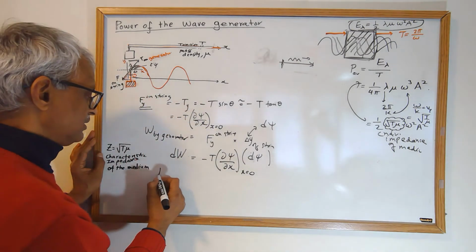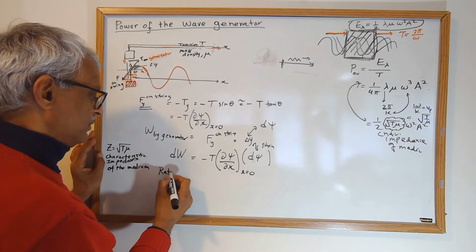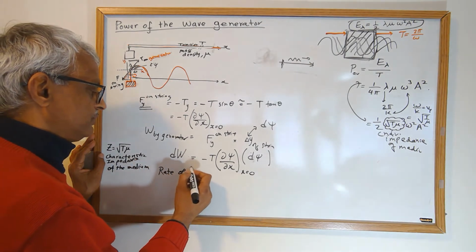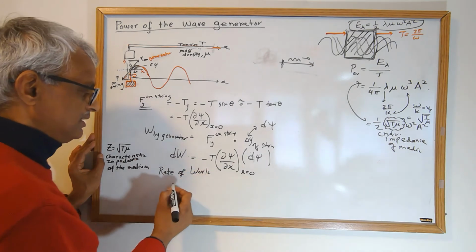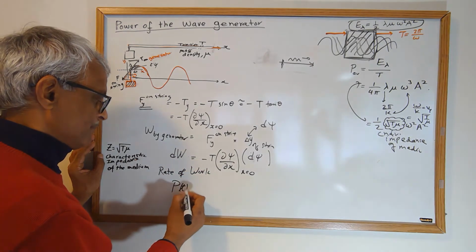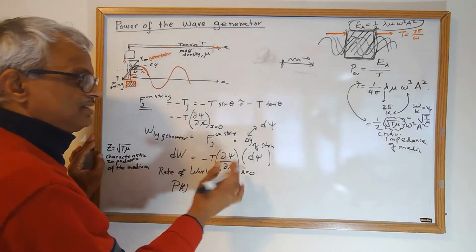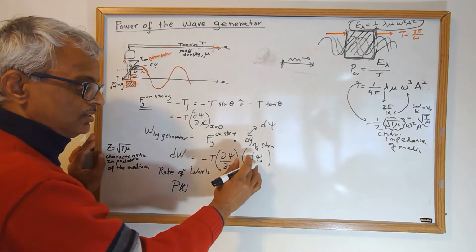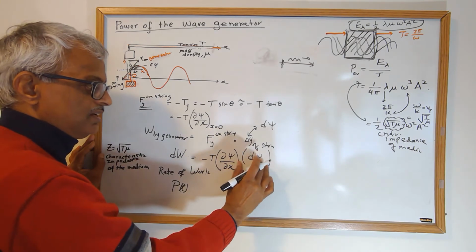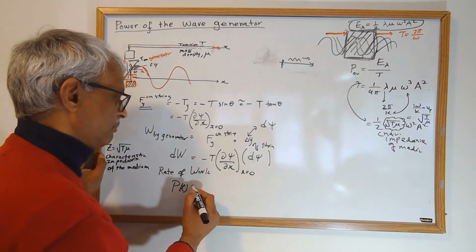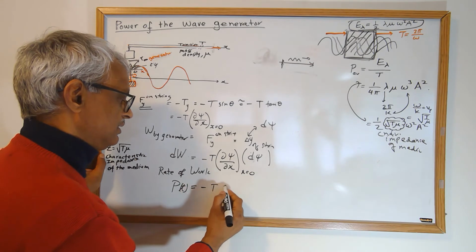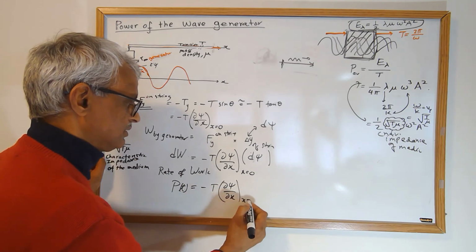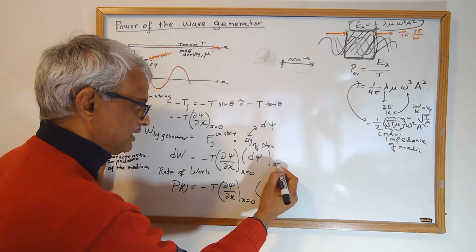Well, the rate at which this work is being done, the rate of work, is the instantaneous power. So this much happens in some small time, and psi is a function of x and t. So if I divide by dt, I convert that into a partial derivative, d psi/dt, at x equal to 0.